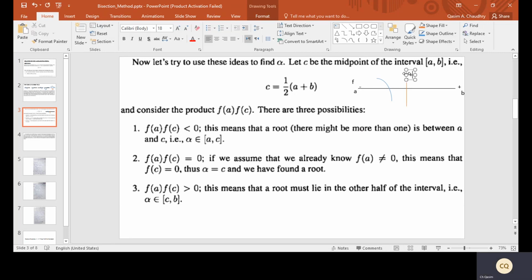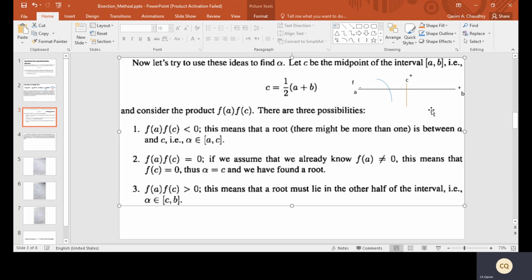So students, this is giving you the positive value. So now there can be three possibilities. The first possibility is f of A into f of C is less than 0. Now this is the case. See, A is negative and this is positive. So the root lies between A and C.